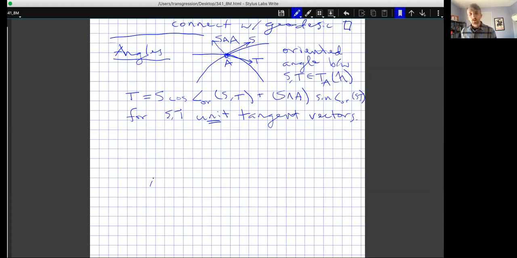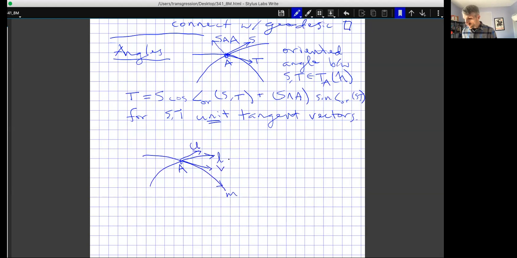So if we've got geodesics L and M, and let's suppose they're oriented, so maybe L is going this way and maybe M is going this way, and they pass through this common point A. Let U be the tangent vector to L. So there's U. And let V be the tangent vector to M. So here's our V. These are unit tangent vectors.